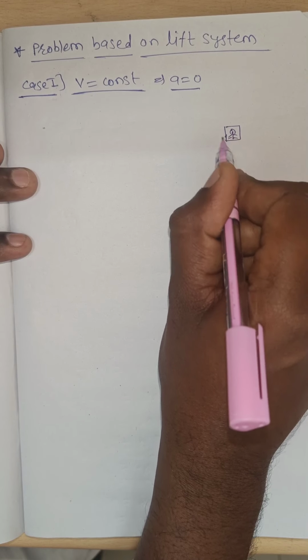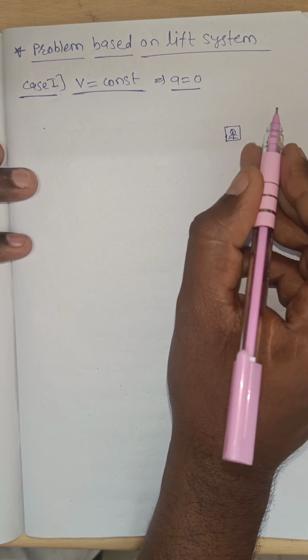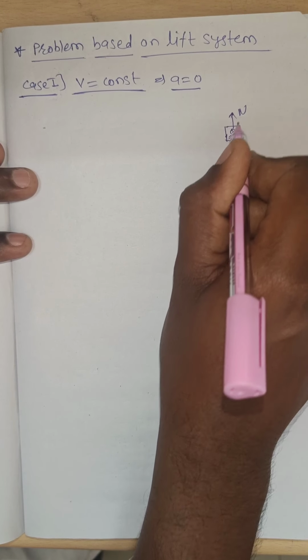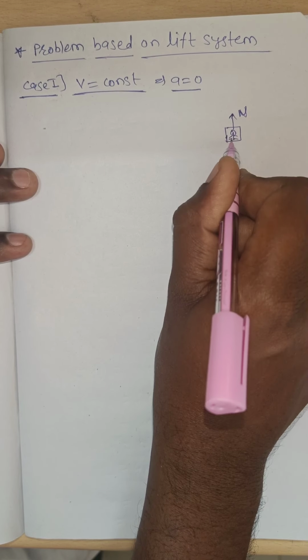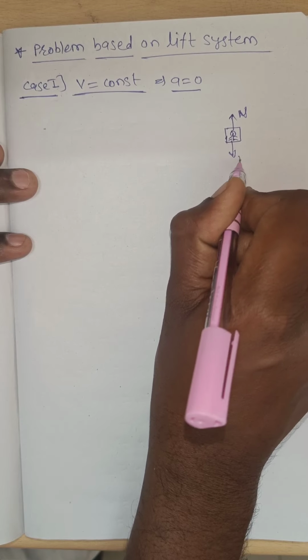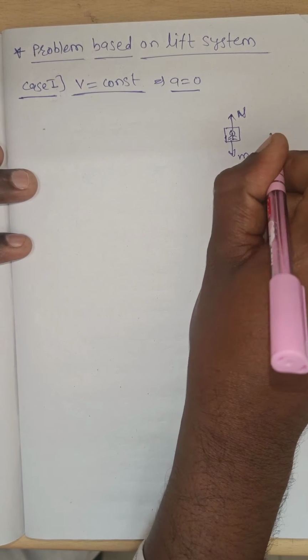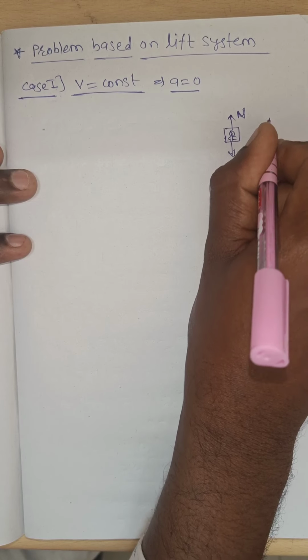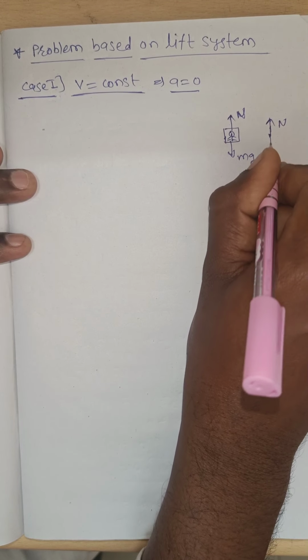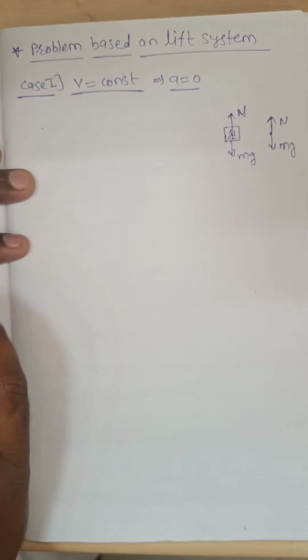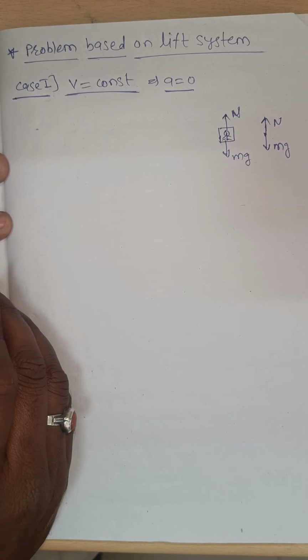Then on the person who is on the lift, how many forces can act? There is a normal reaction force in the upward direction and a gravitational force in the downward direction. The free body diagram is: normal reaction force upward and gravitational force downward, and there will be no acceleration.